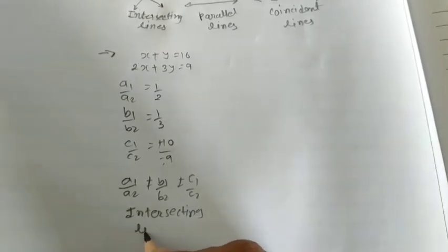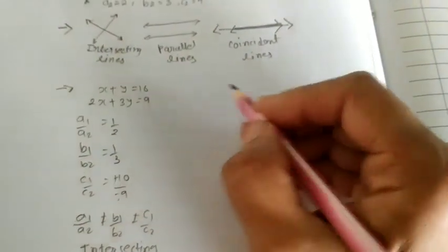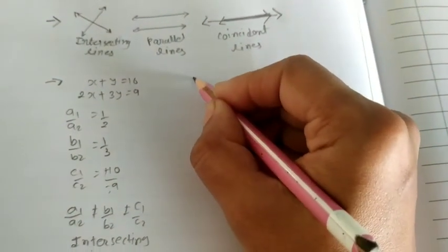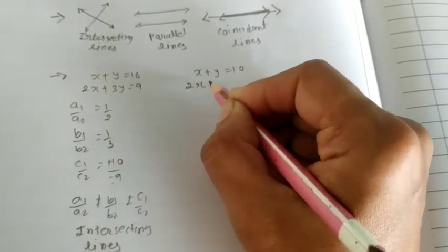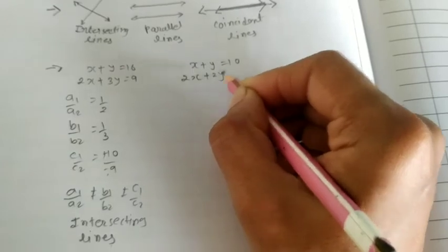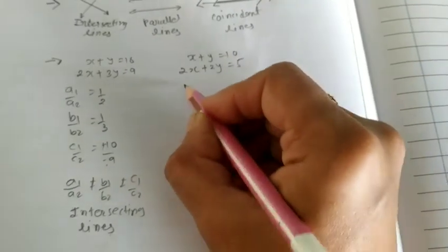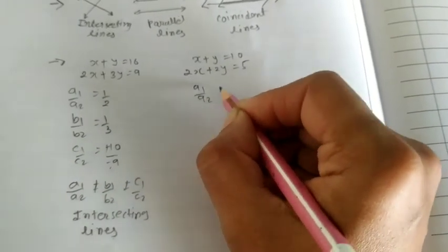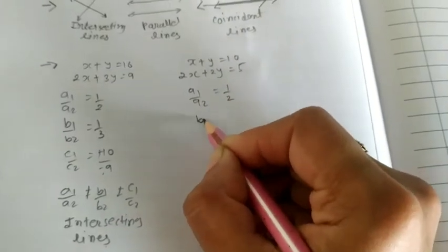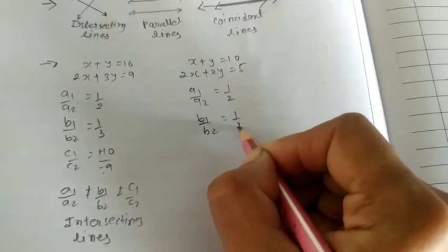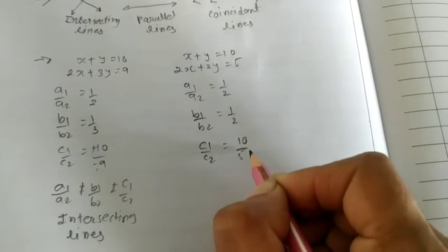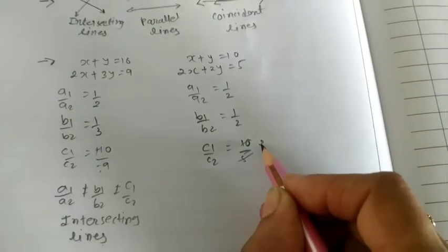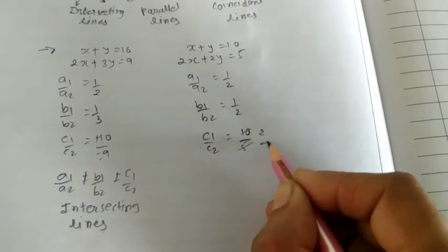So this is the first example. Now let me talk about the next one. If we take the equations x plus y equals 10 and 2x plus 2y equals 5, then a1 upon a2 is 1 upon 2, b1 upon b2 is 1 upon 2, and c1 upon c2 is 10 by 5, which reduces to 2 upon 1.